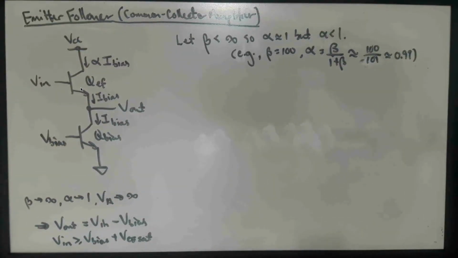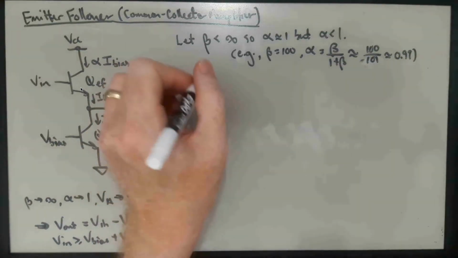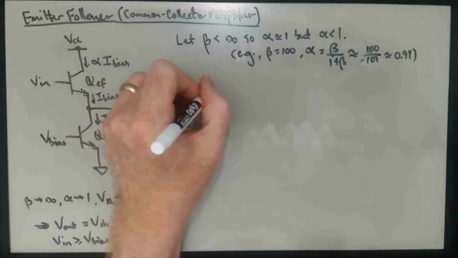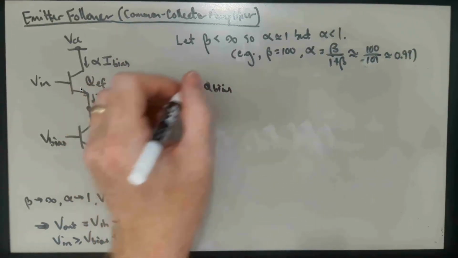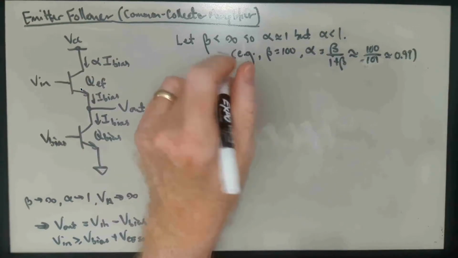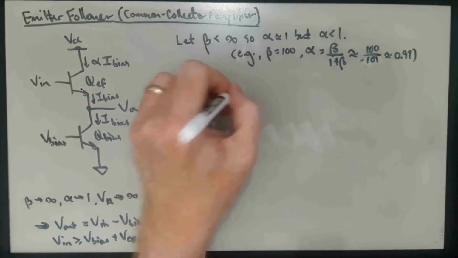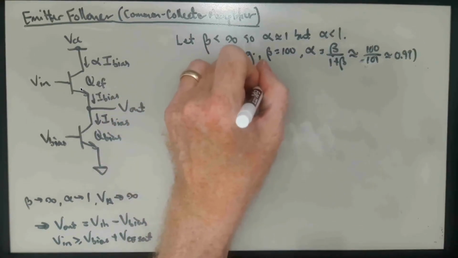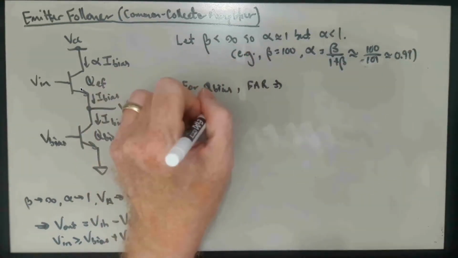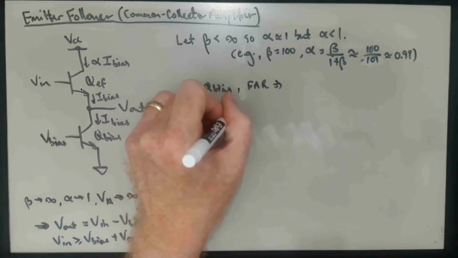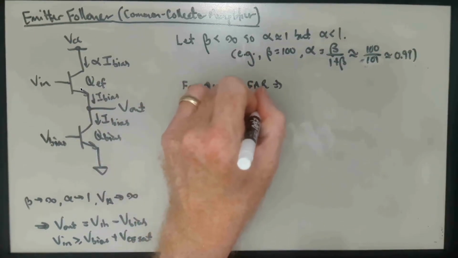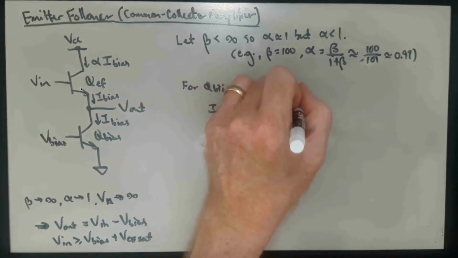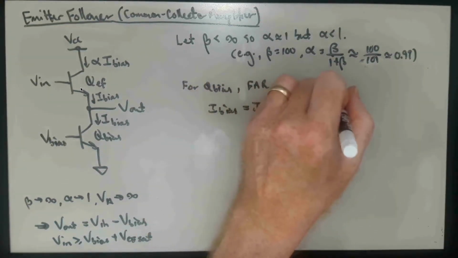All right, so you remember before what we did was that for Q bias, the forward active model implied that I bias was equal to IS e to the V bias over UT. Call that equation 1.